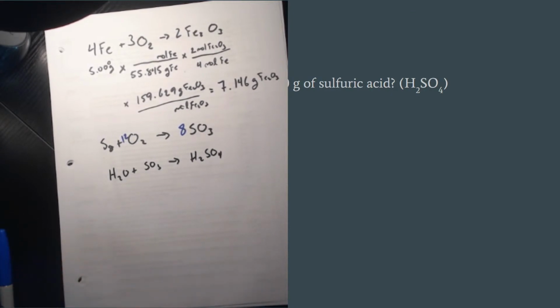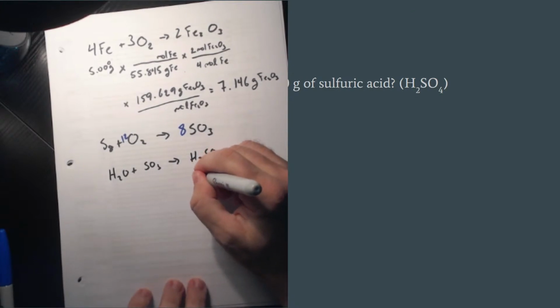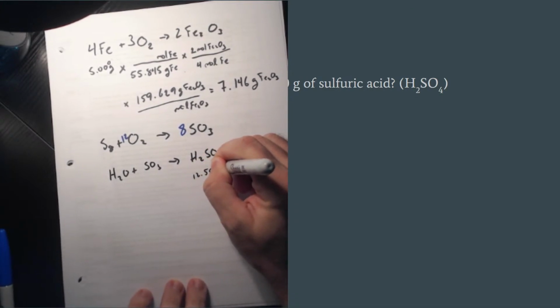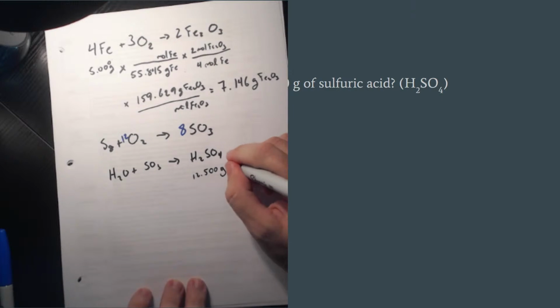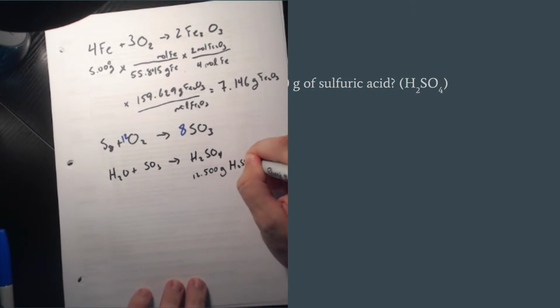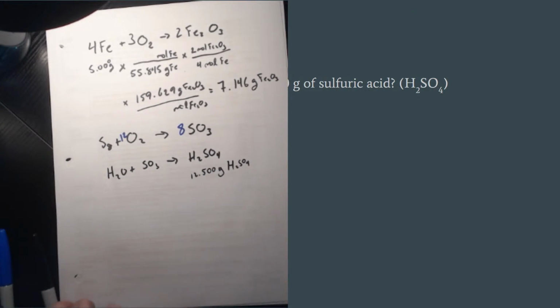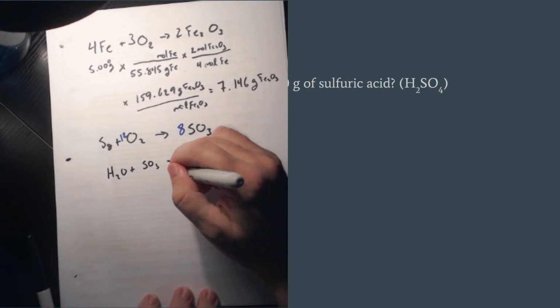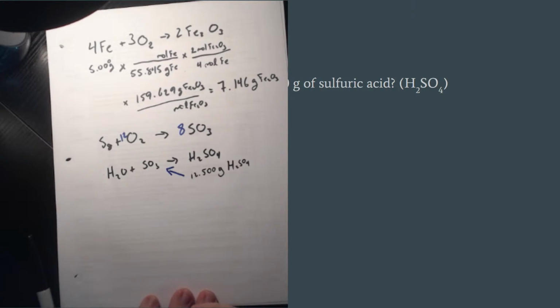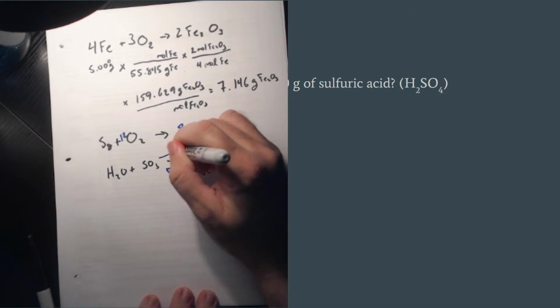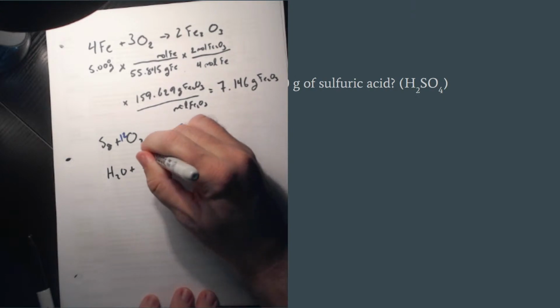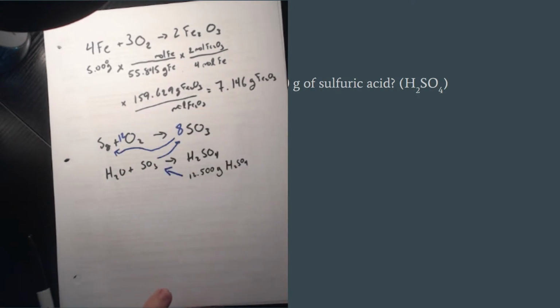All right. So we're starting from 12.5 grams of sulfuric acid. So how much sulfur do we need to make that 12.5 grams? Well, the first thing we're going to do is convert to sulfur trioxide. And then we can get back to S8.